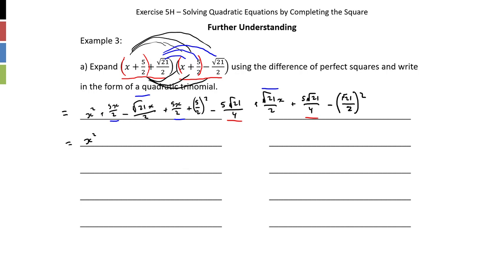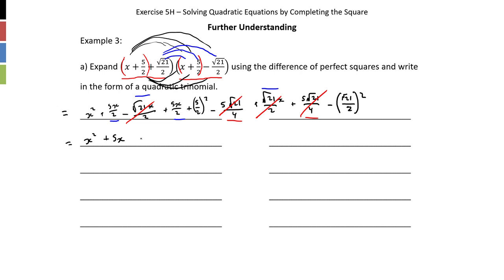So 5x on 2 plus 5x on 2 is going to give us 5x. Root 21 x on 2: that's a subtract, that's an add. That's actually going to cancel. It's the same over here. This is a subtract, that's an add. So that's going to cancel.